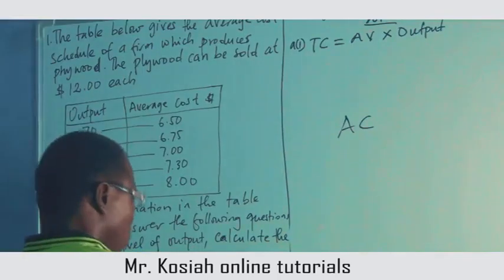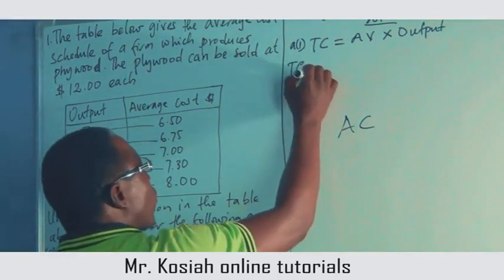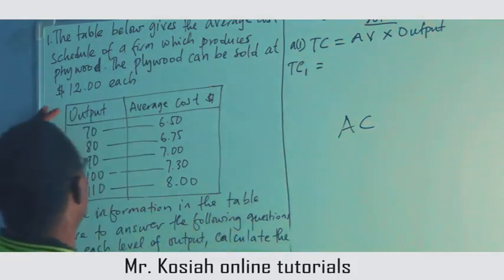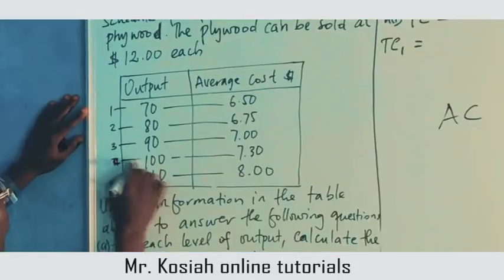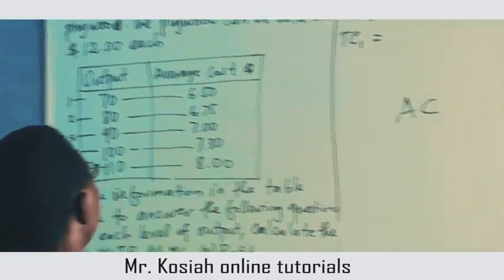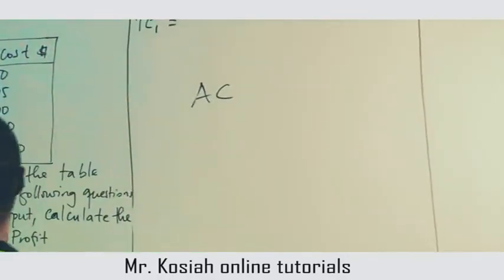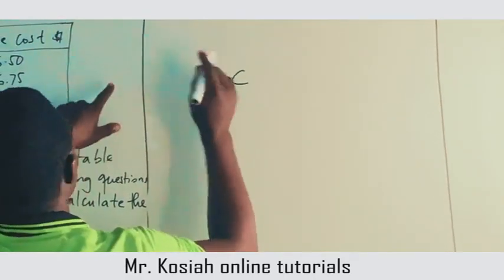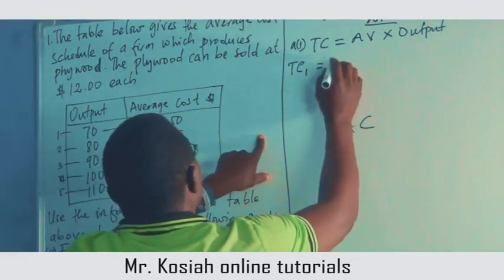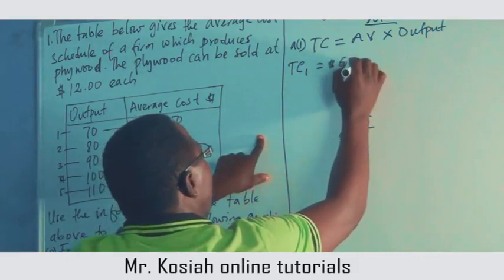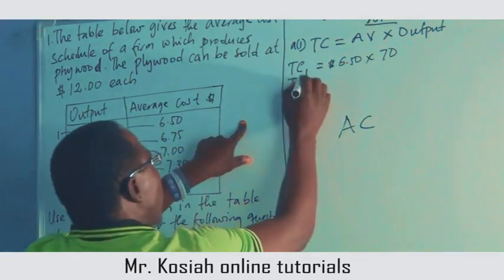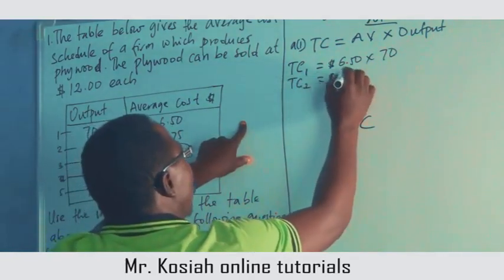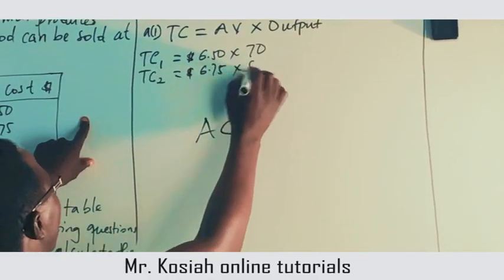Now we will be finding total cost 1. We consider this to be 1, this to be 2, this to be 3, this to be 4, and this to be 5. Using the first information, total cost 1 is the average cost of $6.50 times 70, and total cost 2 is $6.75 times 80.